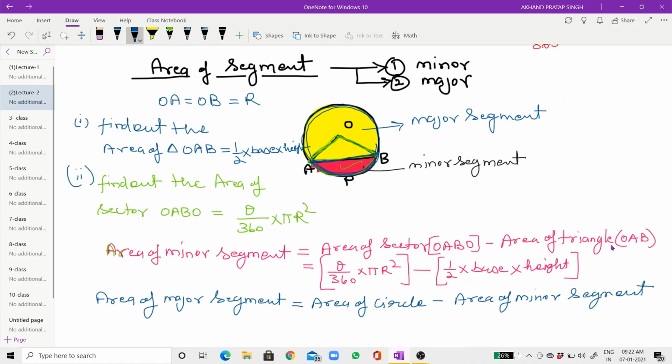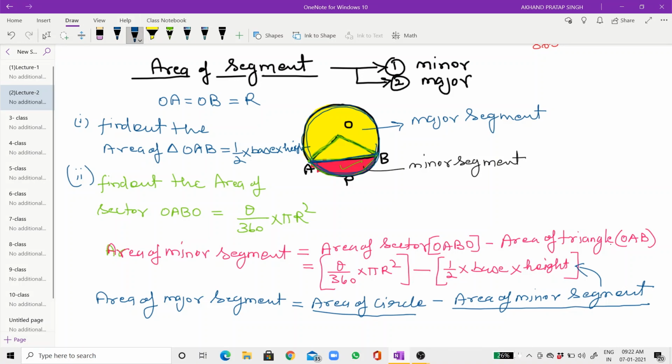So what is the area of circle? That is pi r square. And the area of minor segment is from the above equation. So in this way, you have to calculate the area of minor segment and area of major segment. And look at one concept.